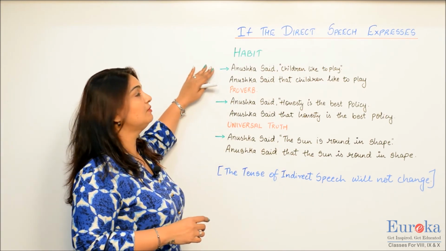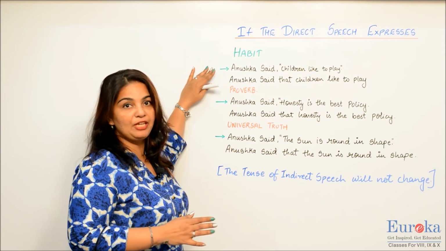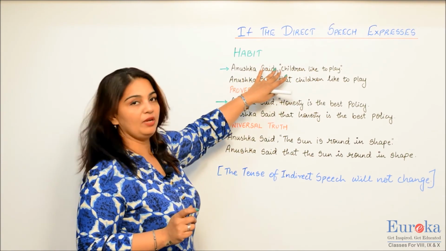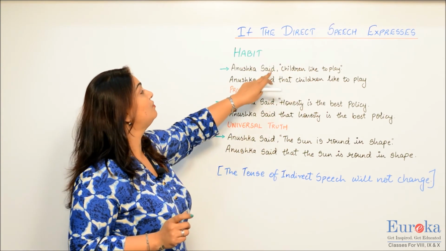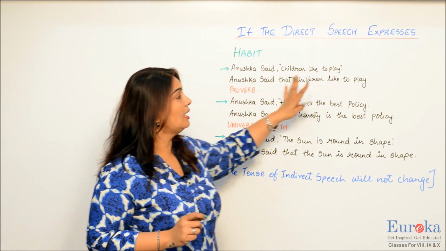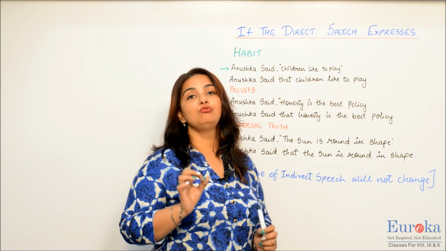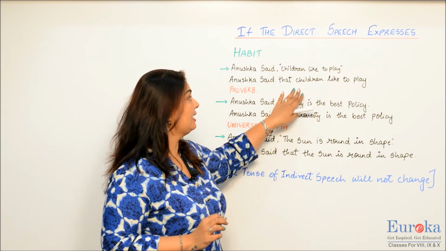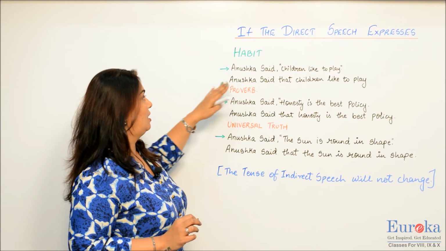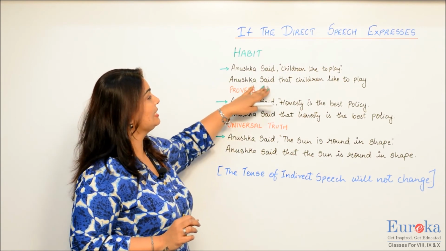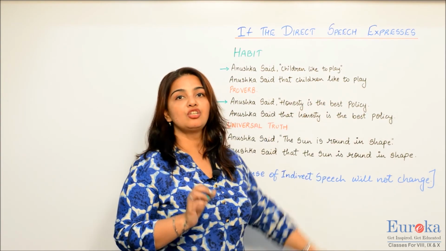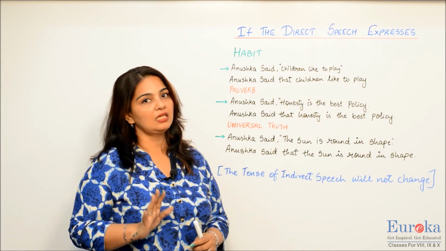So when we convert a habit from a direct speech to an indirect speech, we remove the punctuations, and add a connective, we remove all the other things, but we do not change the tense of the sentence. So we pick the sentence the same way. So over here, Anushka said that children like to play. Children like to play will remain the same.